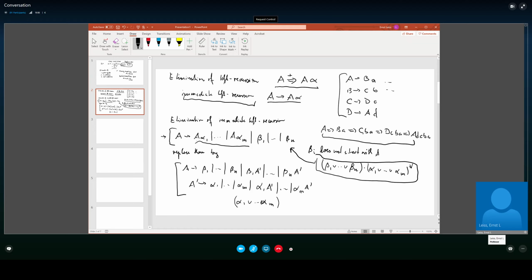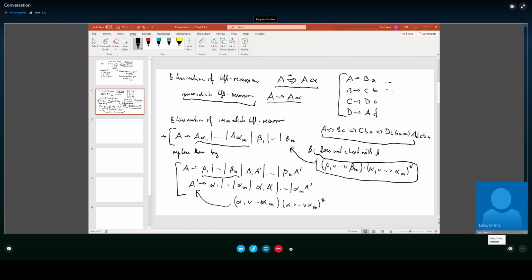If we use this, or any number of alpha 1 through alpha m. So that's what we get from the A prime. And now what do we get from the A? Well, we either get beta, or we get beta followed by whatever we have from A prime. And so that beta, if we use any of these productions, then we get just one of those betas.